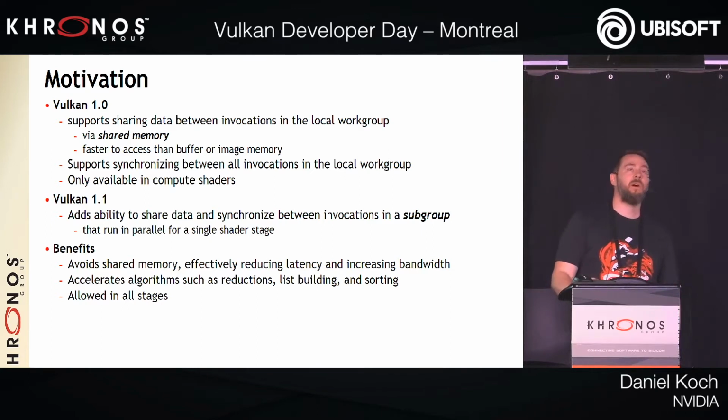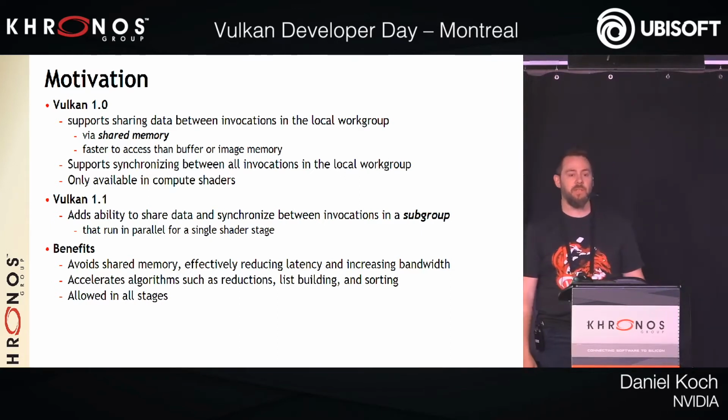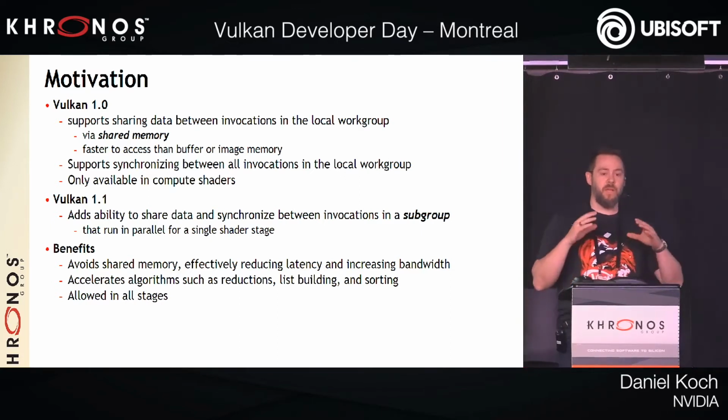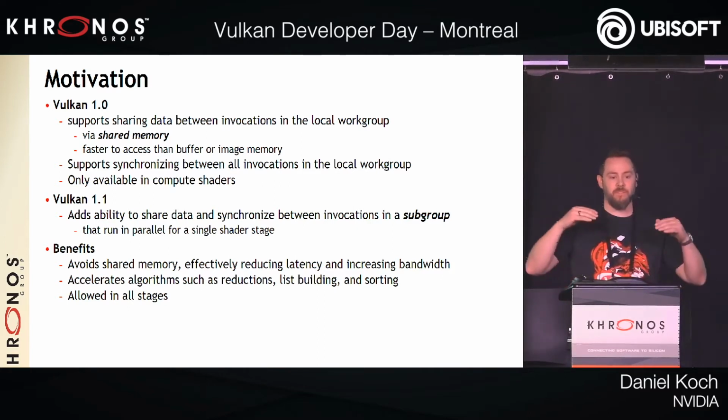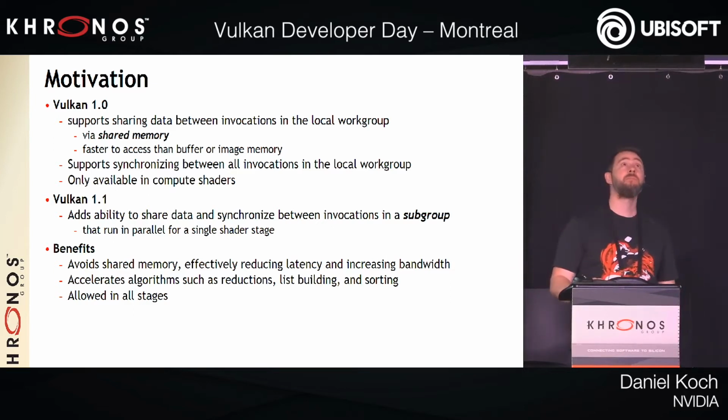With Vulkan 1.1, we've added the ability to synchronize within a new concept called a subgroup. So you can share data directly between those invocations or threads, and synchronize between them without having to synchronize all the threads in the workgroup. These are basically the ones that are running in parallel, typically a warp or a wave or whatever your favorite terminology is.